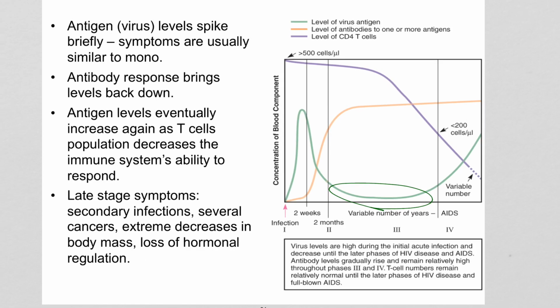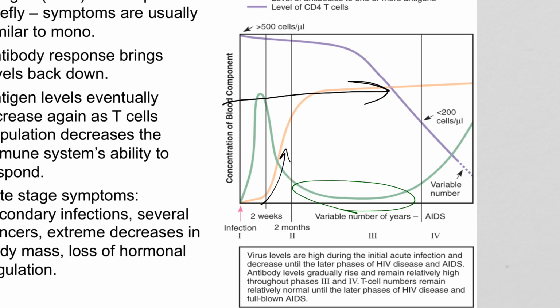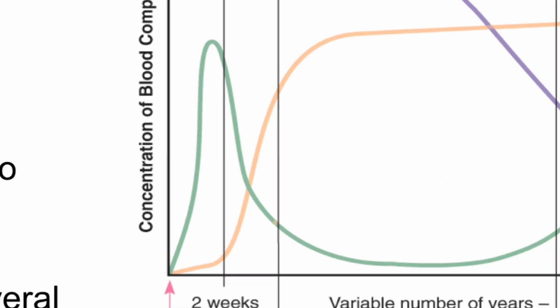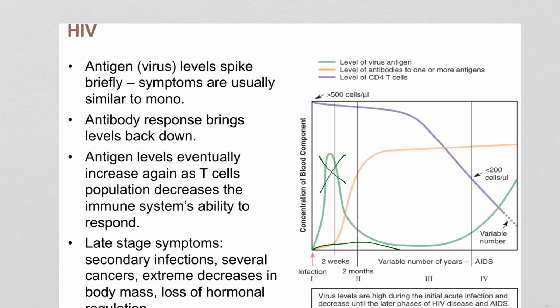When you take a vaccine, it primes your immune system to make antibodies ahead of time. And so instead of having to do this when you get infected, a vaccine will get your antibody levels high before you ever get exposed to HIV. What that would do is knock out this big peak, and so viral levels would never get high enough to cause those symptoms like mono at the beginning.